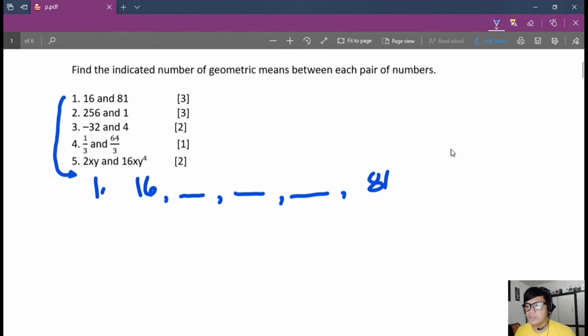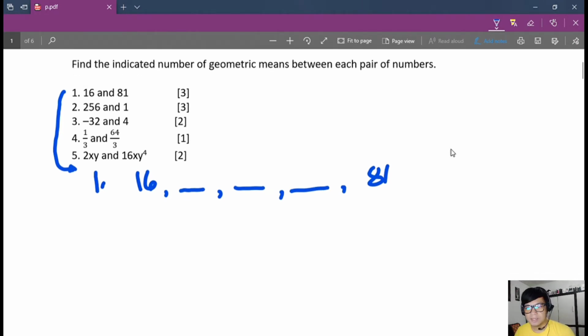Now, we cannot automatically identify the missing terms here, the geometric means, because we don't know the common ratio. So we will identify first the common ratio. In solving this one, we will use the formula.